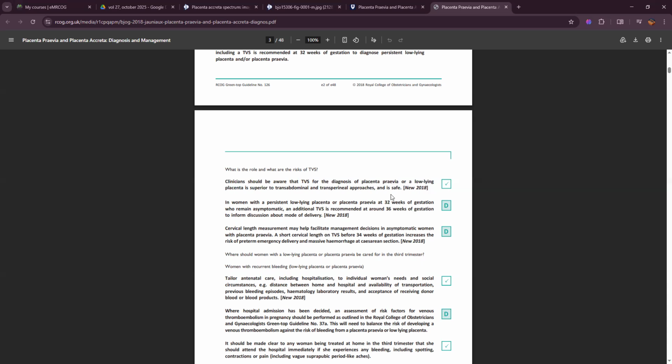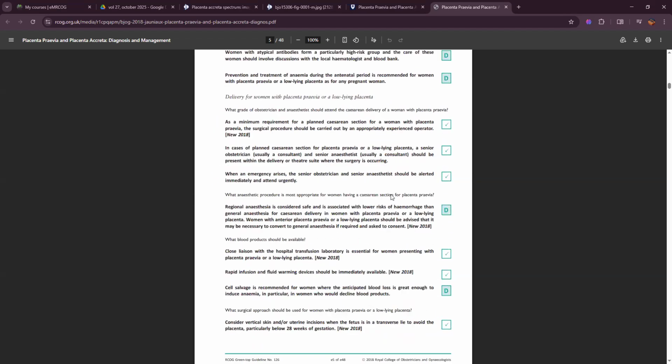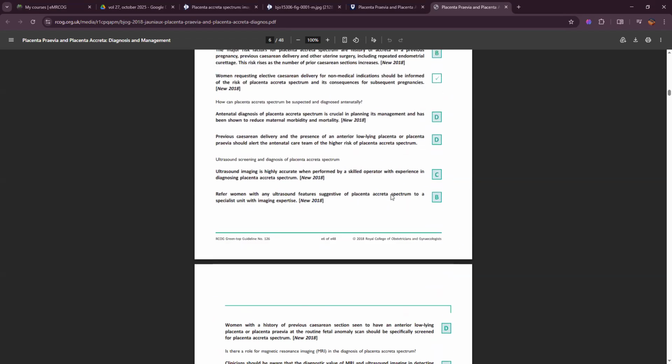From the biophysics module, for example. Is it going to be by TVS? Is it going to be by MRI, CT, PET-CT, and so on? So yeah, we depend on TVS mainly. And TVS is superior to transabdominal or transperineal approaches. So those are kind of questions that can come to part 1.